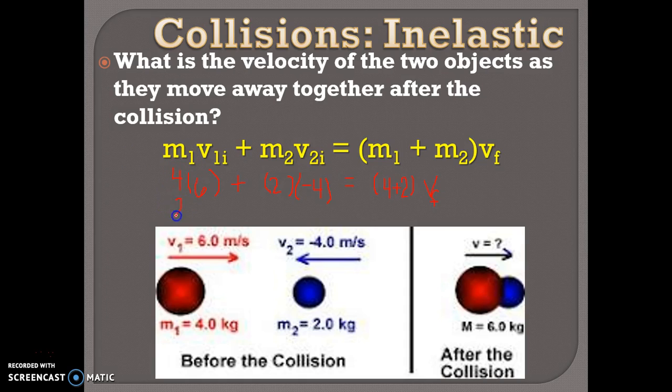Okay, so what is this? 24 plus -8. Those signs are super important when it comes to momentum because it is a vector quantity and the sign matters. And now we have it equal to 6 times VF.